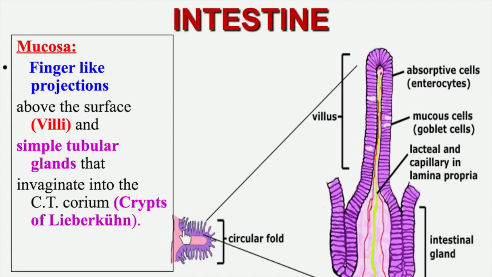Here is a demonstration of the circular fold formed by the mucosa and taking part of the submucosa, which is called the plica circularis. So here on the other side, this is the wall of the intestine, and this is another circular fold here.